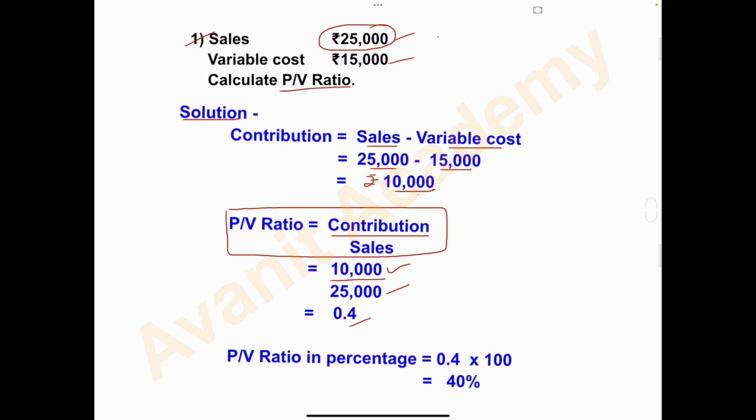To convert this PV ratio in percentage, what we have to do? Take this PV ratio 0.4 into 100, that is 40%. If you want it in percentage, multiply by 100 and you will get this PV ratio in percent, or otherwise you can take this 0.4.